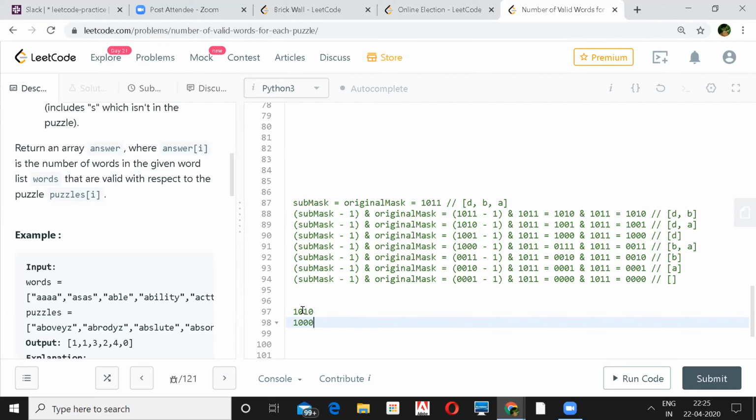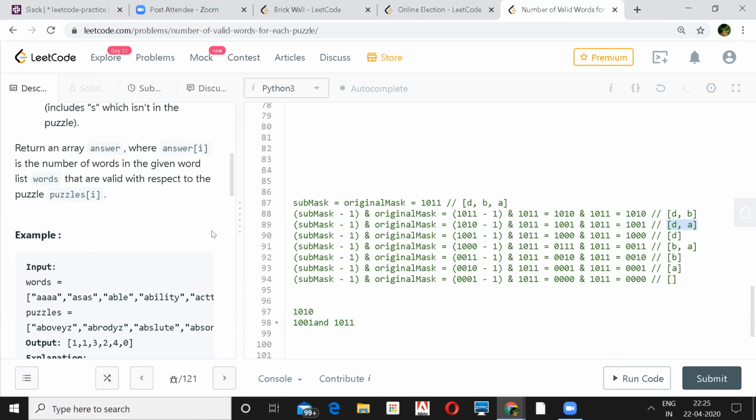Then see how many bits are on the right side and make them 1. Then do an AND operation with the original mask, and you'll get the corresponding mask.